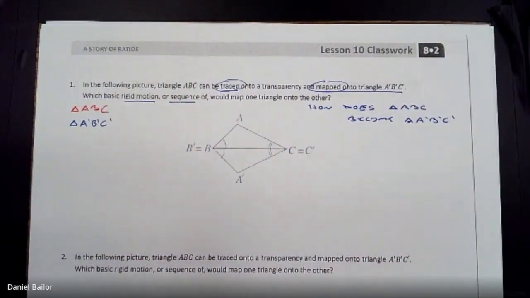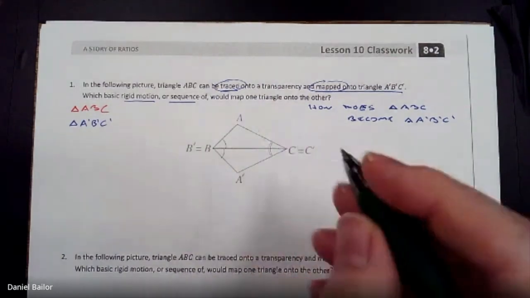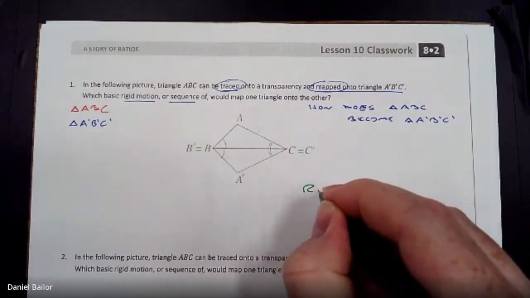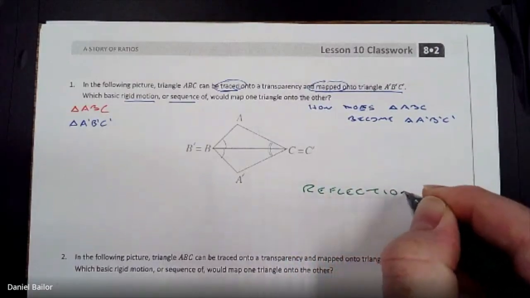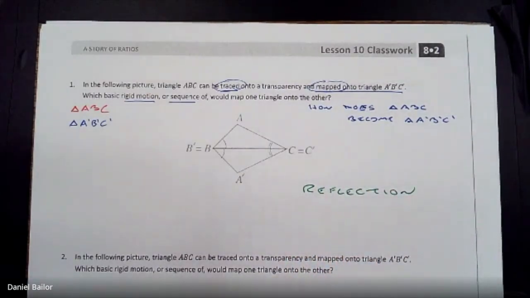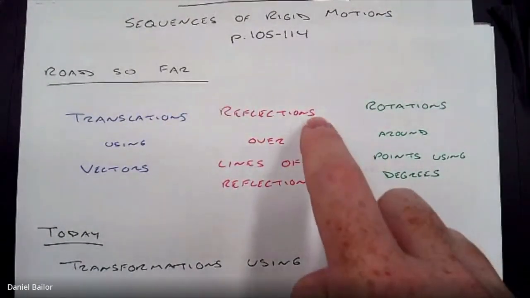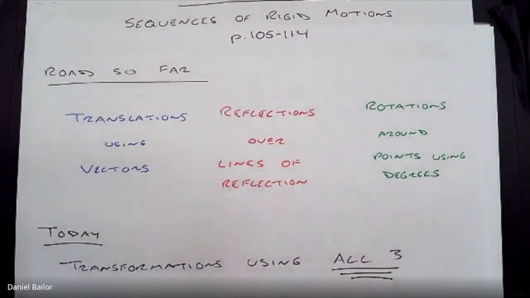But we don't say flip, we say reflection. So this is a reflection. But remember, that is only part of the description. You need to tell me the other part, because it says reflection over a line.